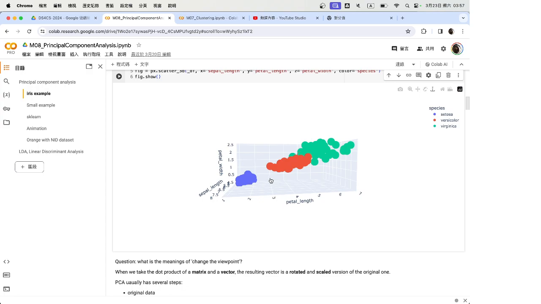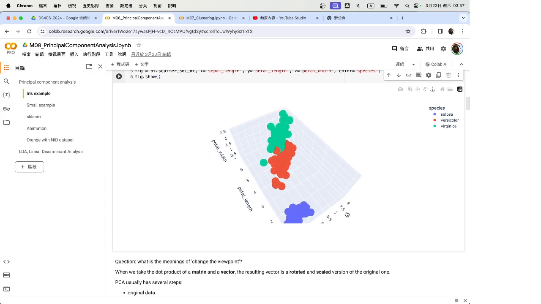When we rotate the data like this, we have new axes, x prime, y prime, and z prime. Again you project the data onto the new axes and calculate the variance, and you will find that the sum of the variance is the same. You can mathematically prove that. That is a rotation.